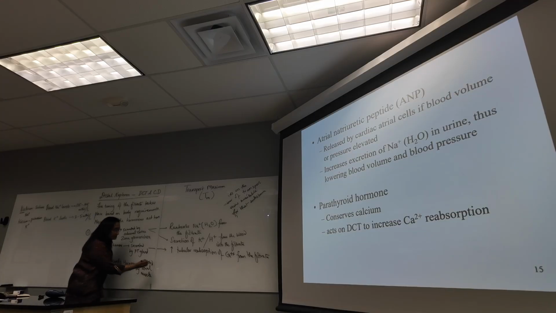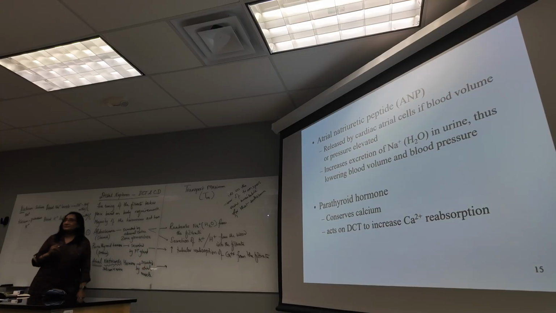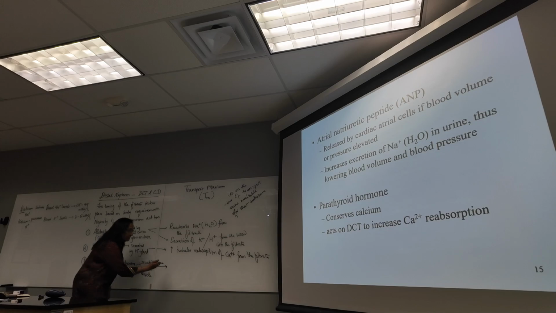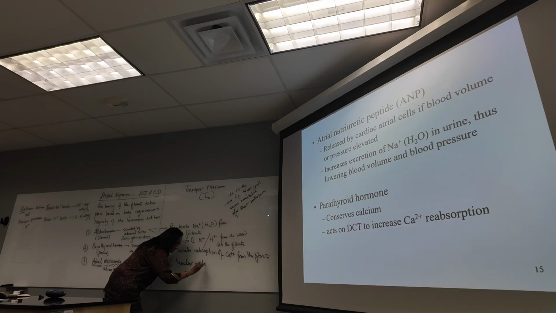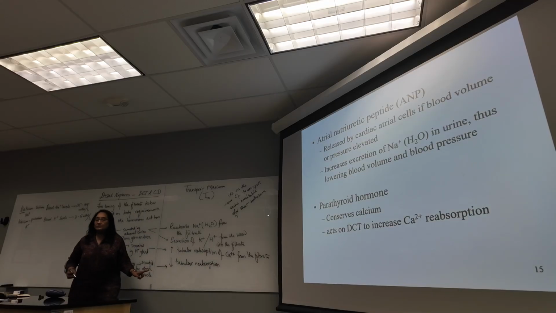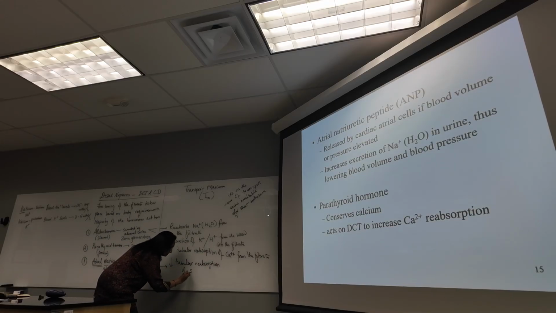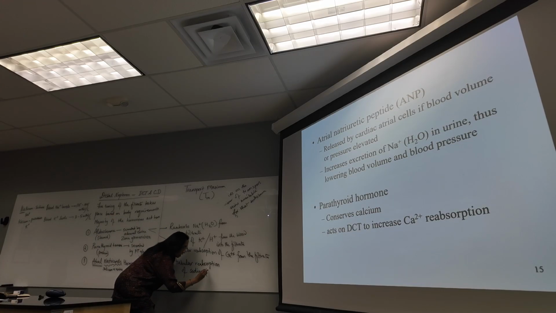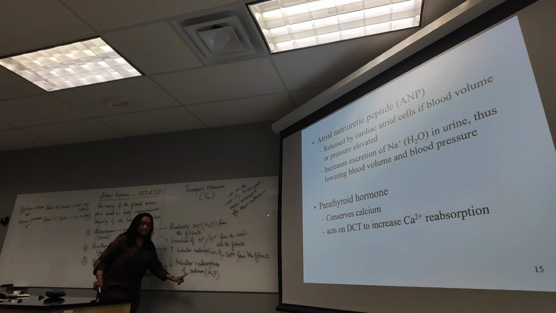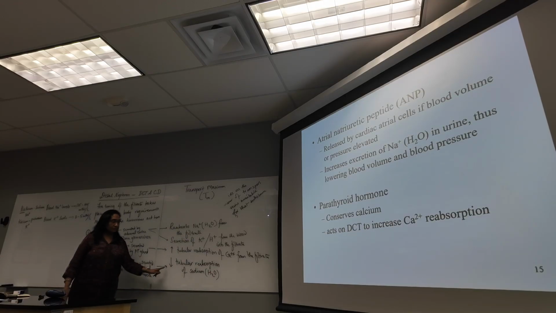And what does this do? Exactly the opposite. It decreases tubular reabsorption of sodium, in the distal convoluted tubule and collecting duct, and because sodium doesn't get reabsorbed, water will also not get reabsorbed.